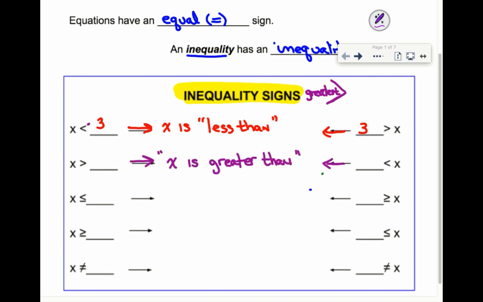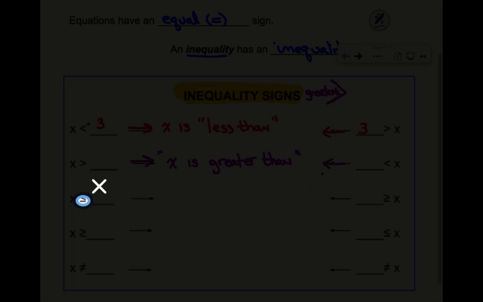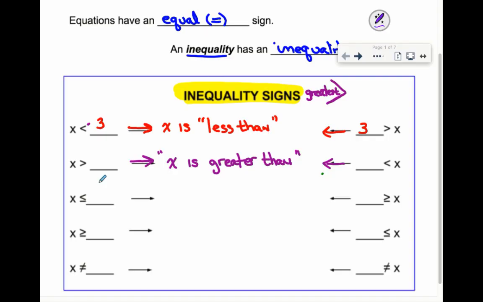Look at the next inequality sign. It has something sitting right there. Well, what does that mean? That means it's going to be an equal to as well. So we're going to read this sign here, or even this one over here, as X is less than or equal to.